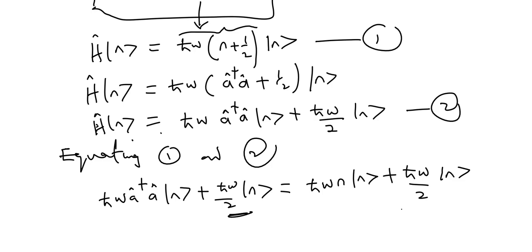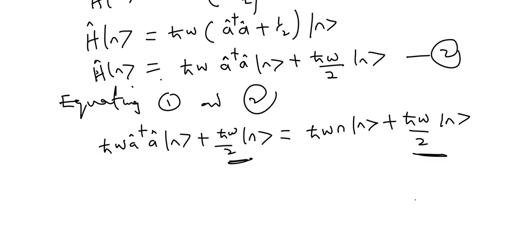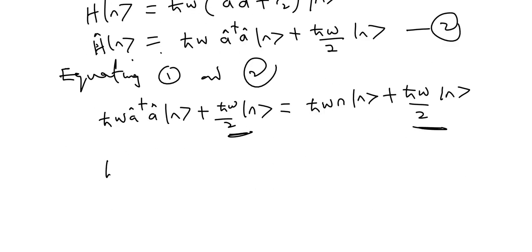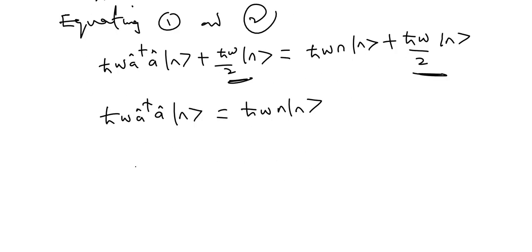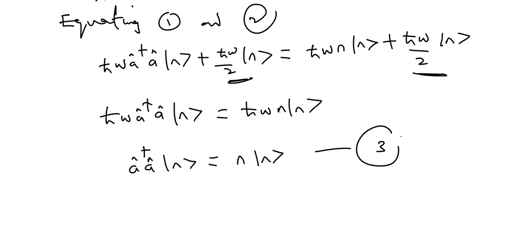So this and this will cancel out, and we are left with ħω a†a|n> equals ħω n|n>. Dividing through by ħω, we have a†a|n> equals n|n>. Let me call this equation 3.